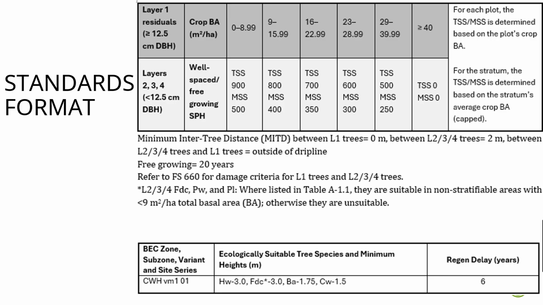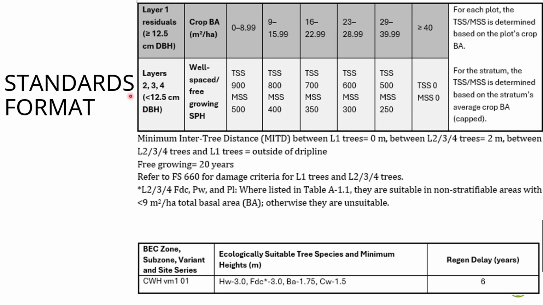The standard shown on this slide applies to stands that were previously old growth cedar hemlock in the CWH VM101. So right away, you'll notice that it includes residual layer 1 crop basal area across the top, broken into 6 basal area groupings.